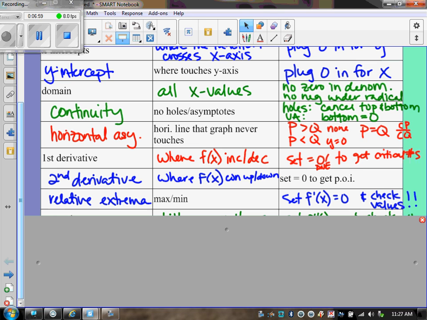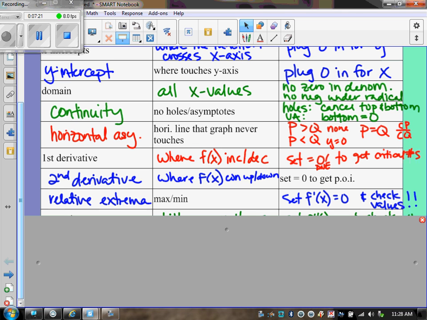All right, maximums or minimums. These are called relative extrema. You have relative extrema or local extrema. Then we have absolute extrema if we wanted to find absolute maximums or minimums. Okay? In order to find relative maximums or minimums, we have to find our critical numbers first. That's when I set the first derivative equal to 0 or doesn't exist. That should be on there also.